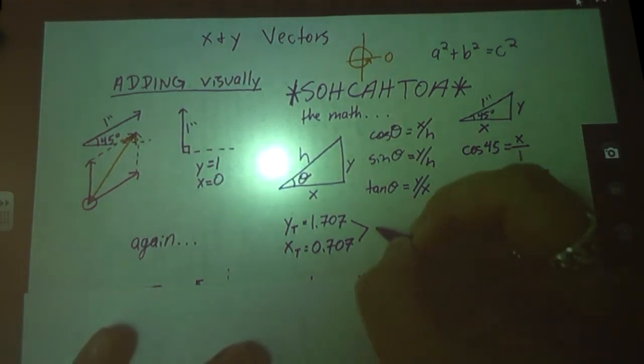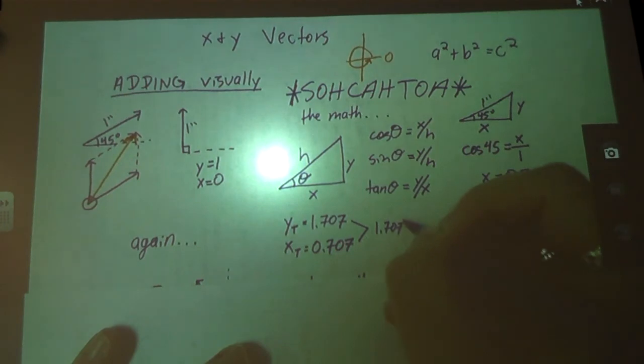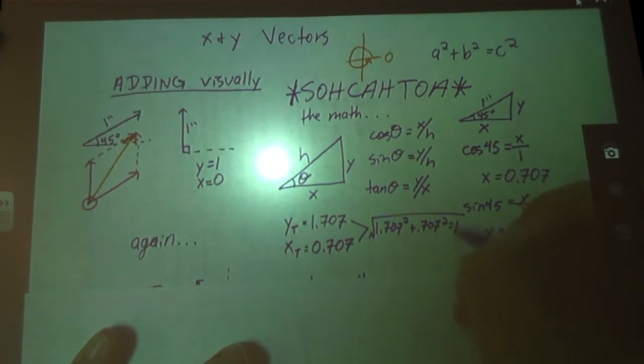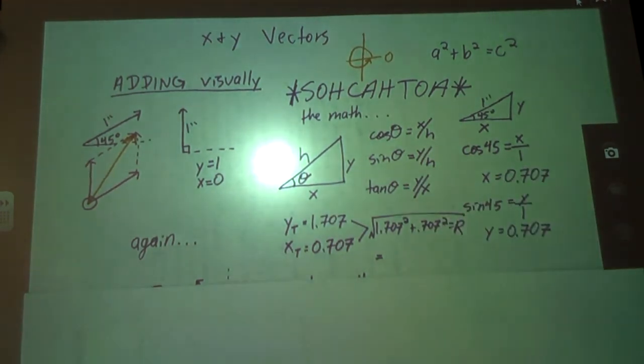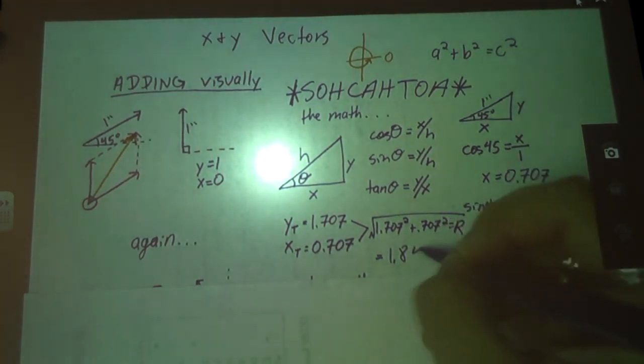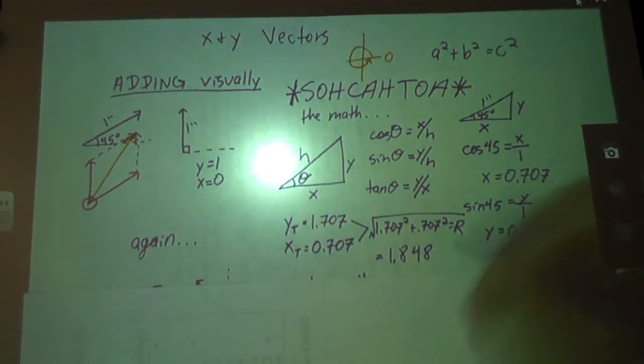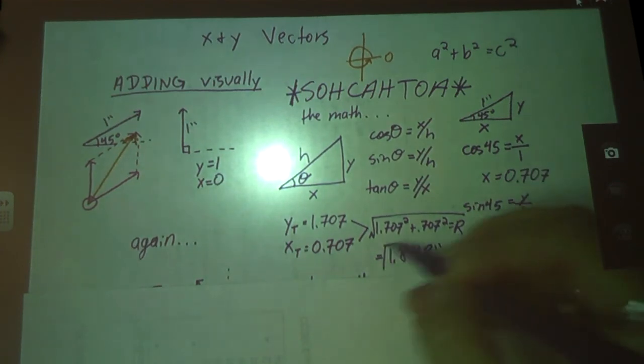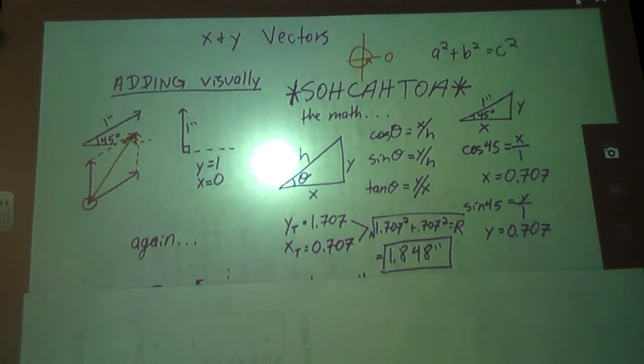So let's see, 1.707 squared plus 0.707 squared, square root the whole shebang. Pardon me while I plug this into my calculator. Gives me a magnitude of 1.18, but I still need my direction.